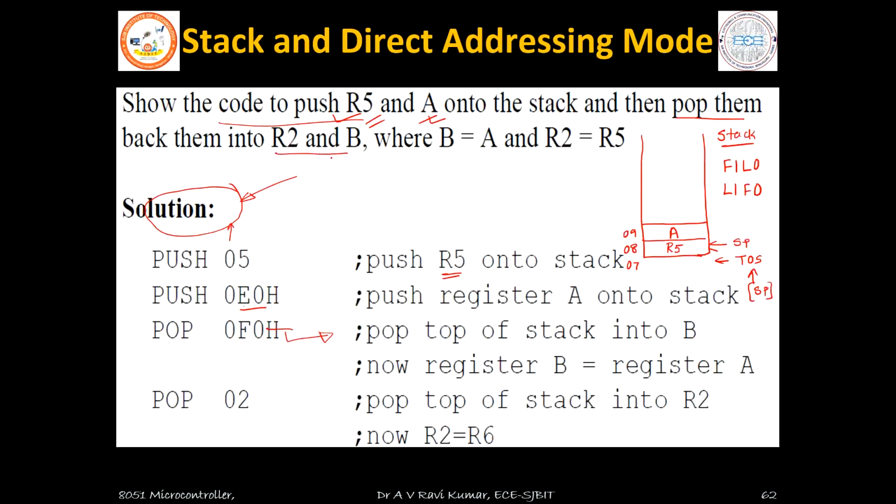The values of R5 and A should be popped back to R2 and B, where B equals A, and R2 equals R5. B equals A means the accumulator content I need to pop back.